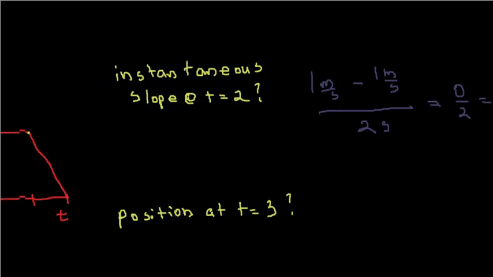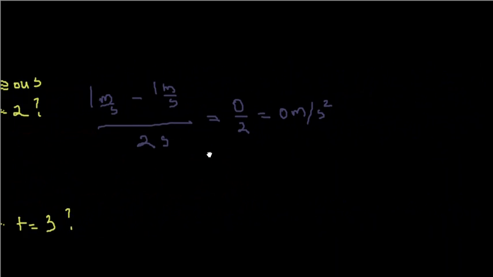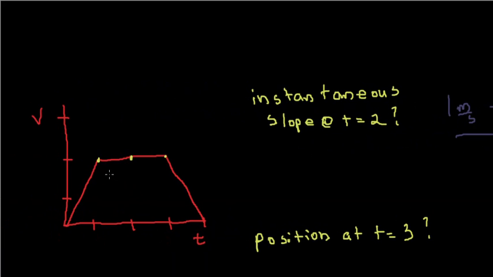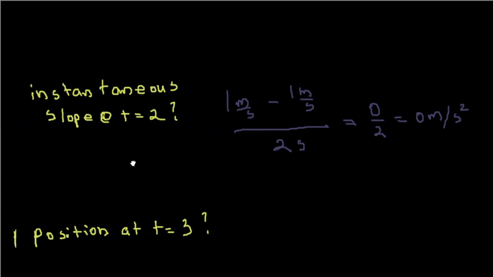So what does this mean? This means that it is not accelerating, right? Meters per second squared is acceleration. It's not accelerating. So because we're so lucky, even if we were to choose dots here and here, and find the slope, even here and here, find the slope, and if we were to really magnify it, if we were to just pick here and here, it would still be 0 meters per second squared.